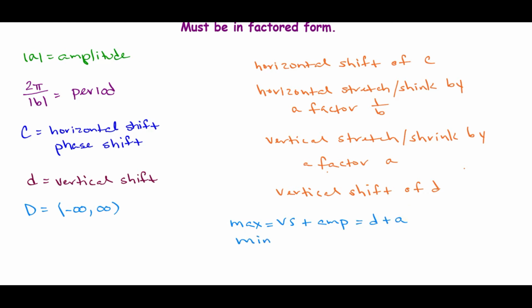Our minimum is vertical shift minus the amplitude, or in terms of the letters, d minus a. So then that means that my range is going to be whatever my minimum is to whatever my maximum is, and those will always be in square brackets.